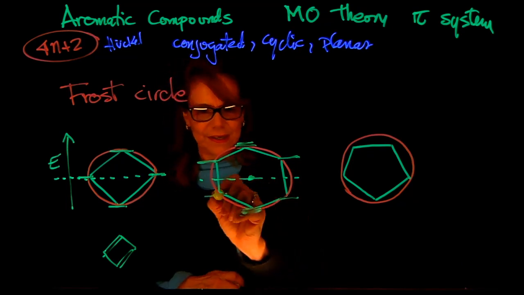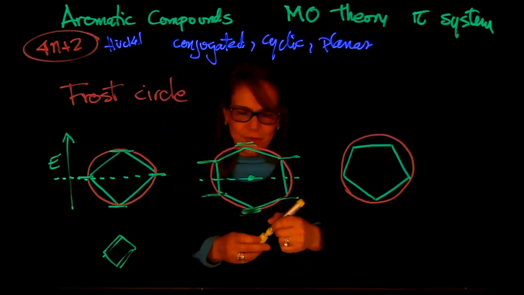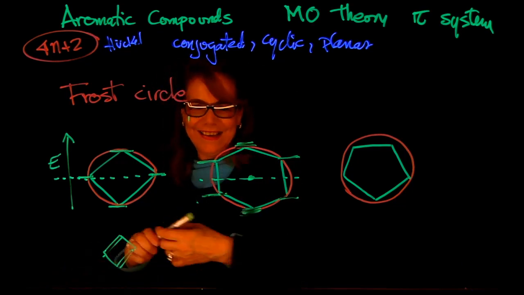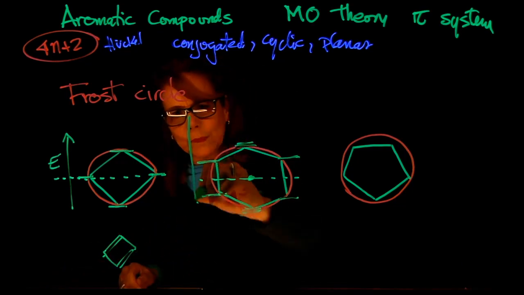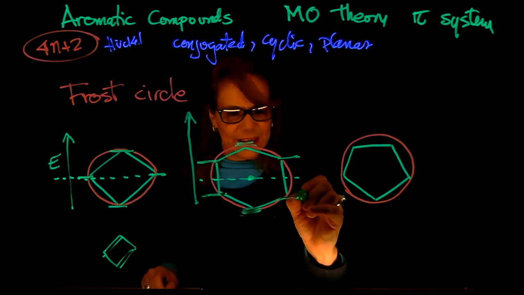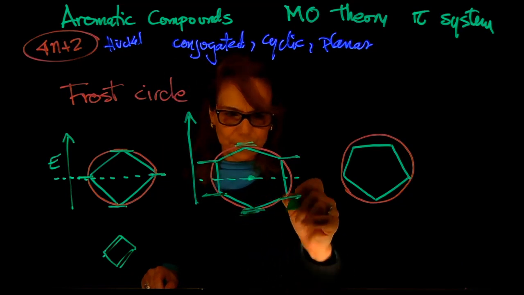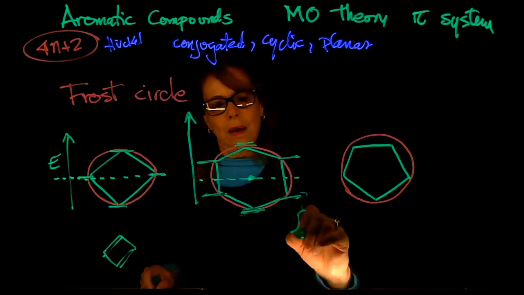As you can see, I have 3 orbitals that are lowered in energy. These are the 3 bonding MOs, the 3 lines that are here.